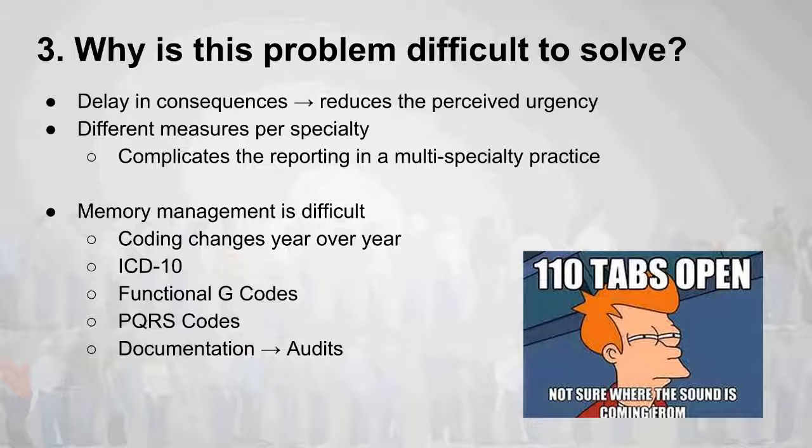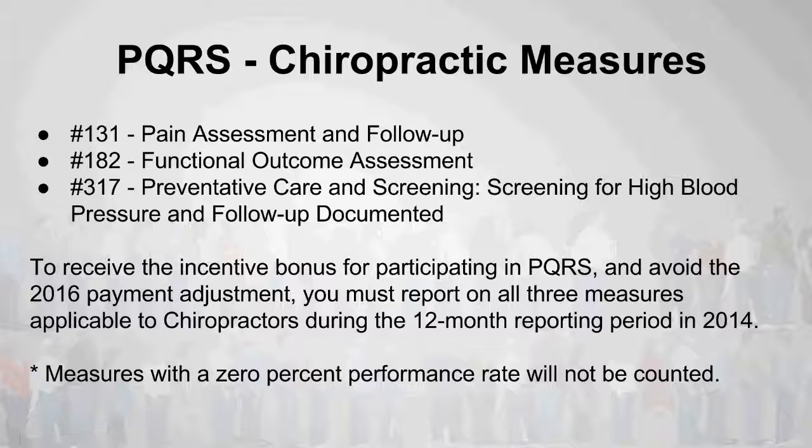The important thing to remember is we have to incorporate that into our procedures so that your notes support what your PQRS reporting says. They have to match. Right, and I love that policies and procedures manual. I think I reference it a lot. Make sure everybody in your practice is all on the same page. We talked about why it's difficult to solve, and now we're really going to start touching base on the measures themselves.